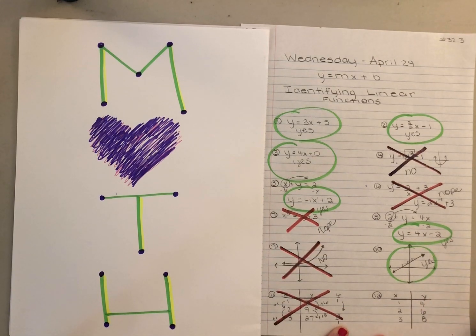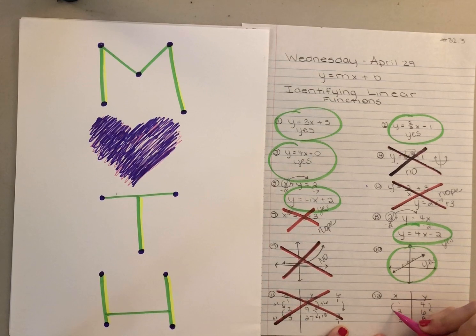All right, my final one, we're going to do the same thing. We're going to check the change in y and the change in x, and we're going to see if it's constant. So 4 to 6, it went up by 2. This went up by 1. So between those 2 points, there's a slope of 2 over 1. Let's see if it's the same slope for the next set of points. 6 to 8 goes up by 2. 2 to 3 goes up by 1.